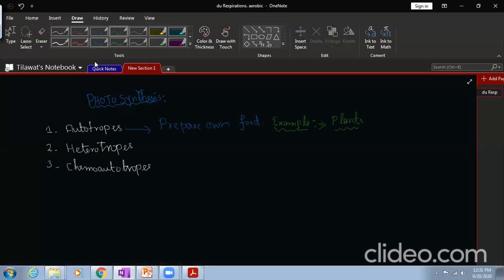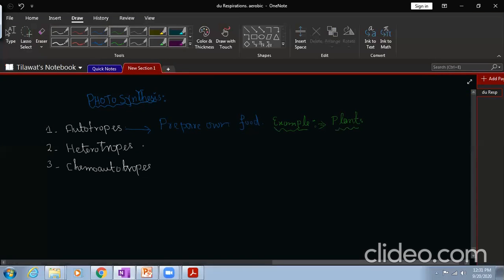While heterotrophs can't prepare food. Example of heterotroph is human, animals.